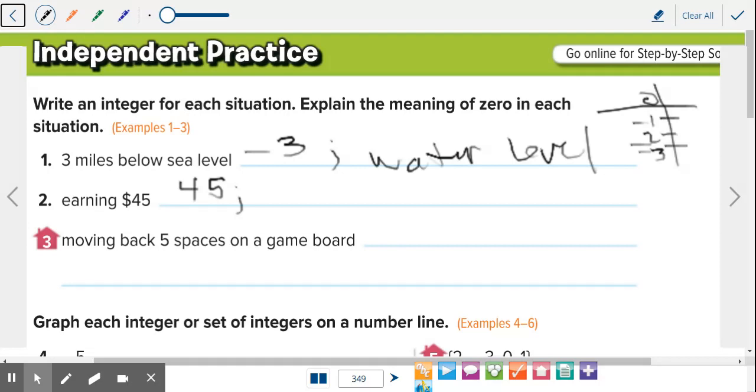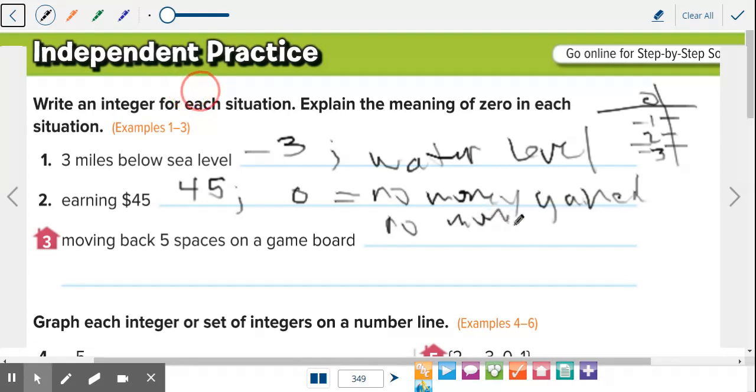Hunter? Exactly. 0 equals no money gained, no money lost. You didn't earn anything, you didn't lose anything. That's what 0 represents for that situation.